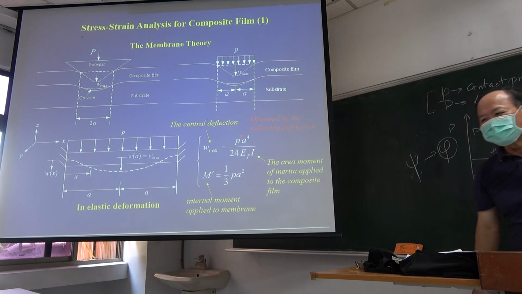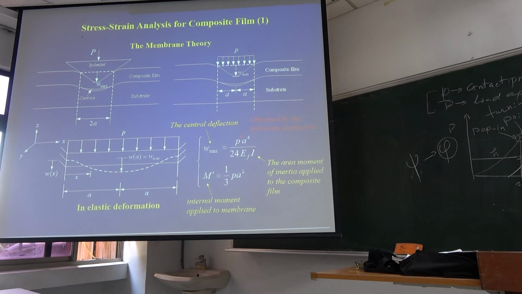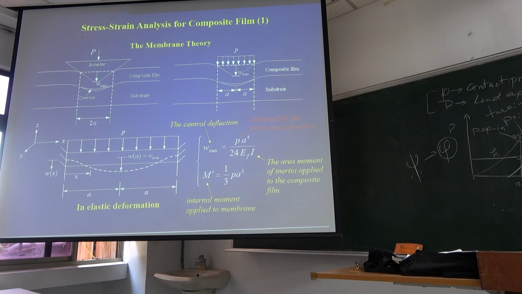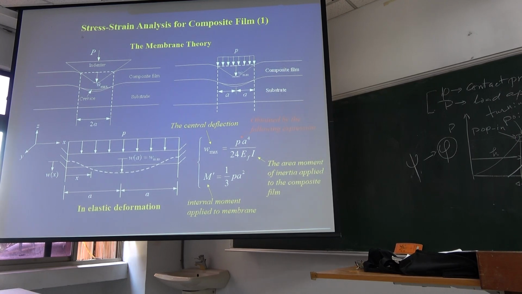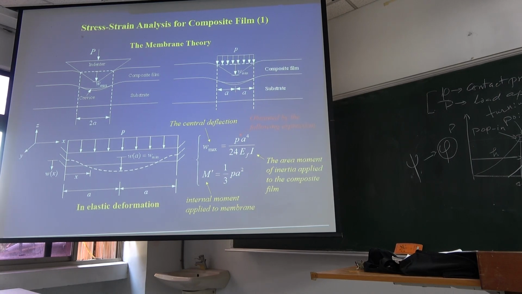I is the area moment of inertia of the cross section.